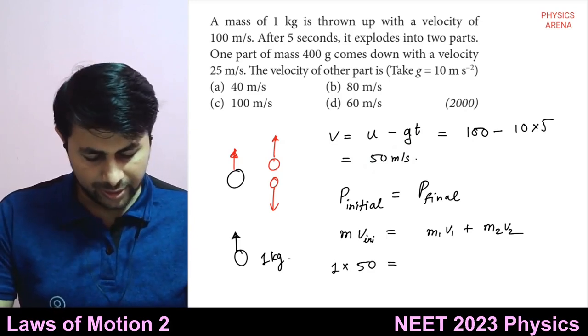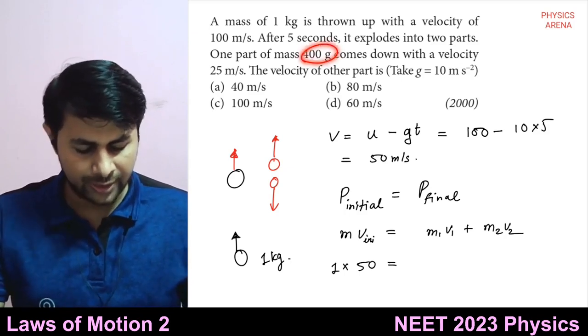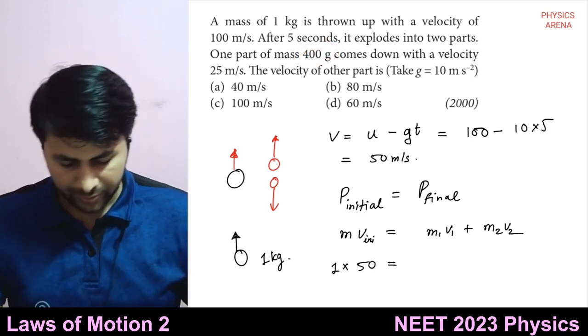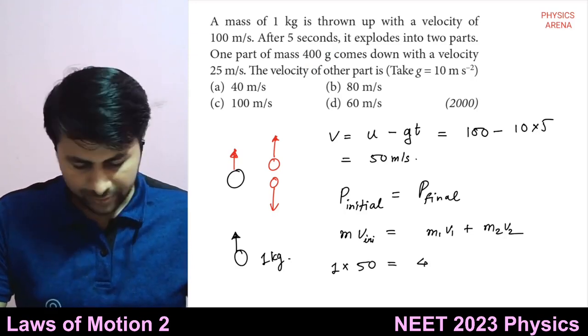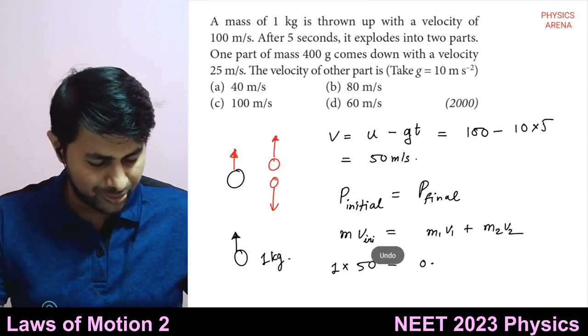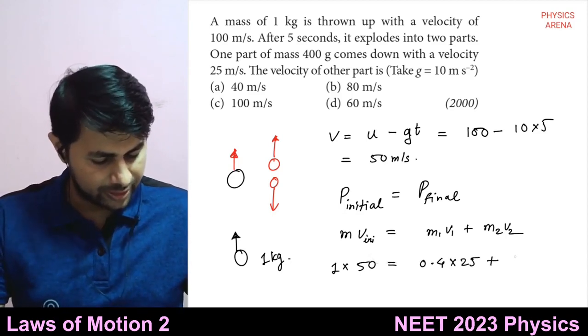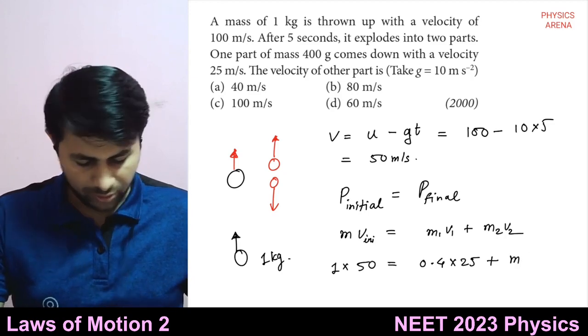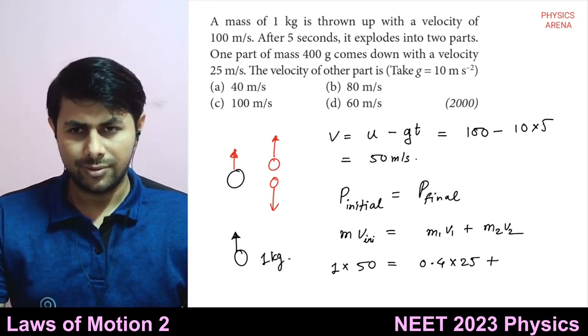And after the explosion, one part of 400 grams comes down with the velocity of 25 meters per second. So 0.4 in kgs multiplied by 25, plus m2 v2. How much will be m2? 0.6.